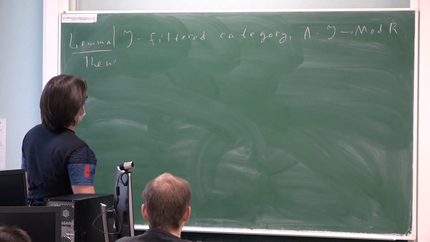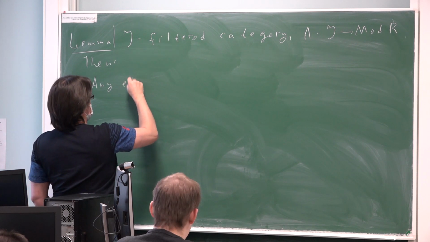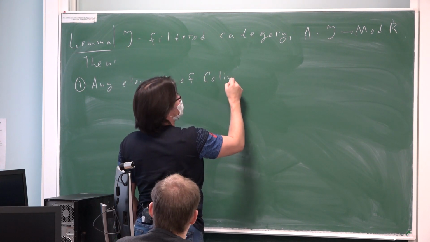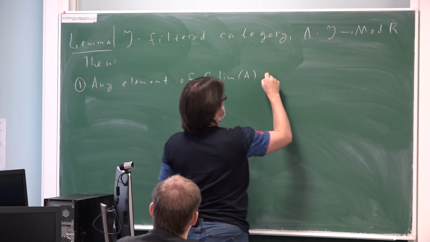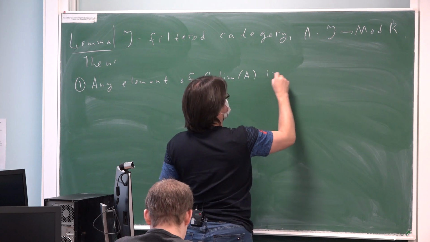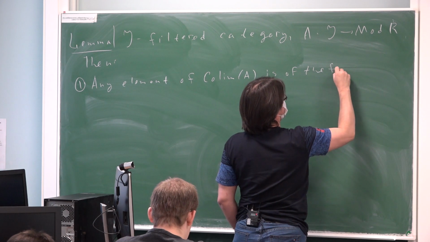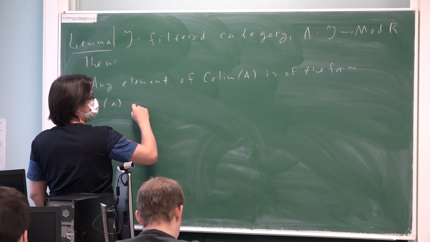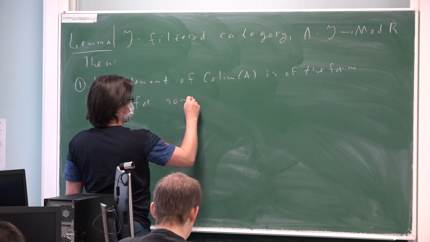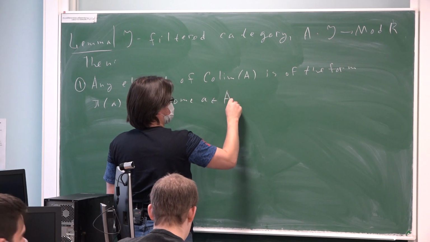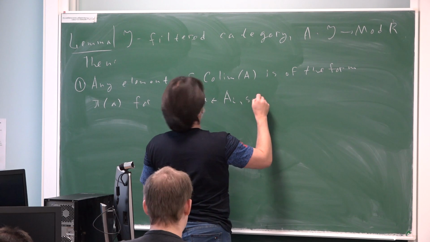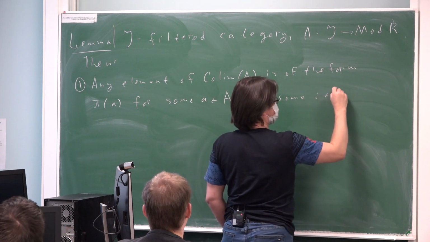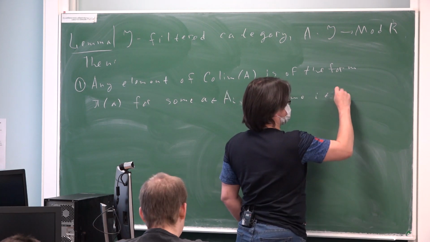The first condition is that any element of colim A is of the form pi of a for some a in A_i.